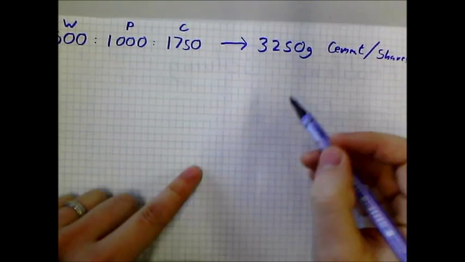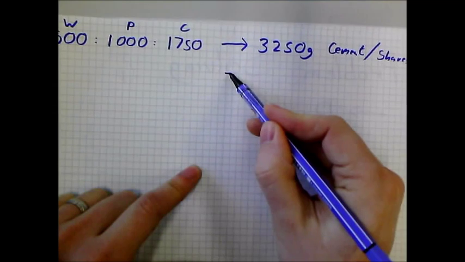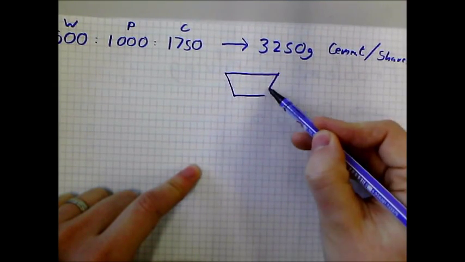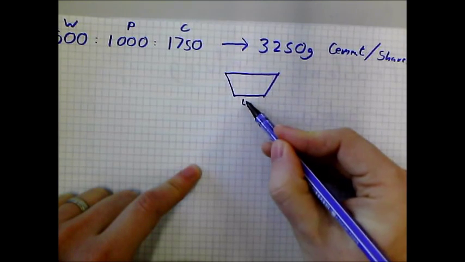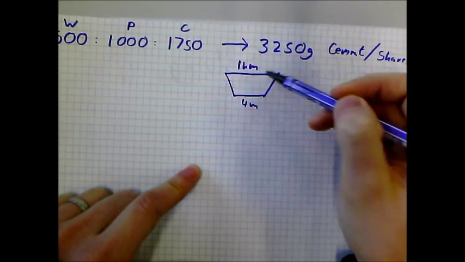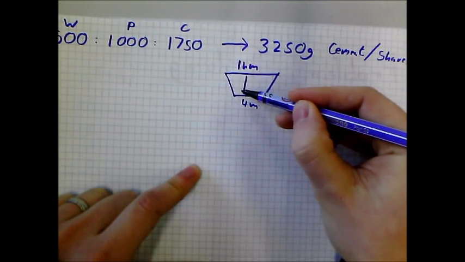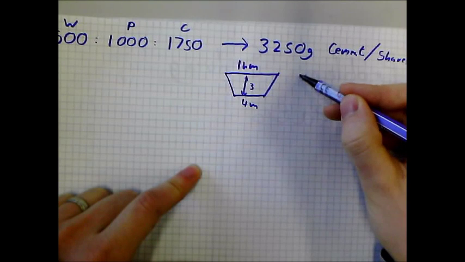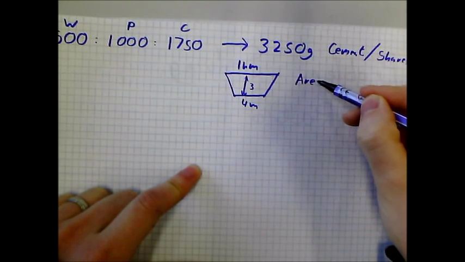Okay, so now let's have a look at our area, because we need to know how much cement we need to use. So here's our shape, and it was 4 meters along the bottom and 11 meters along the top, and it had a height of 3 meters. I know how to work out the area of a trapezium.